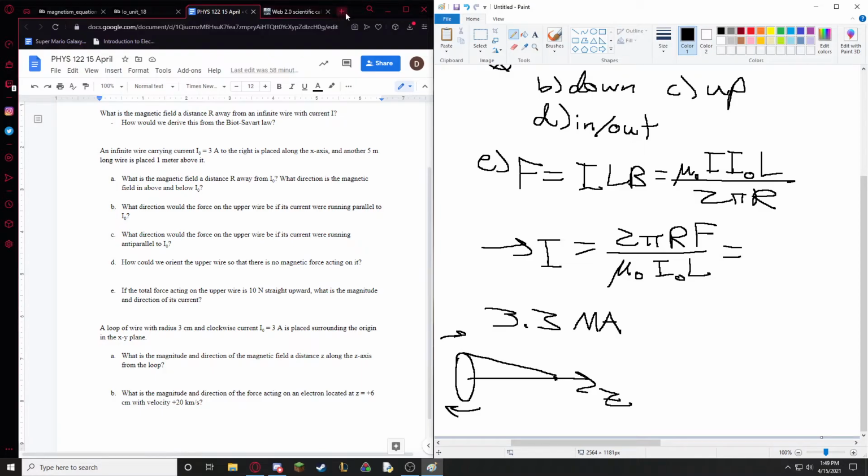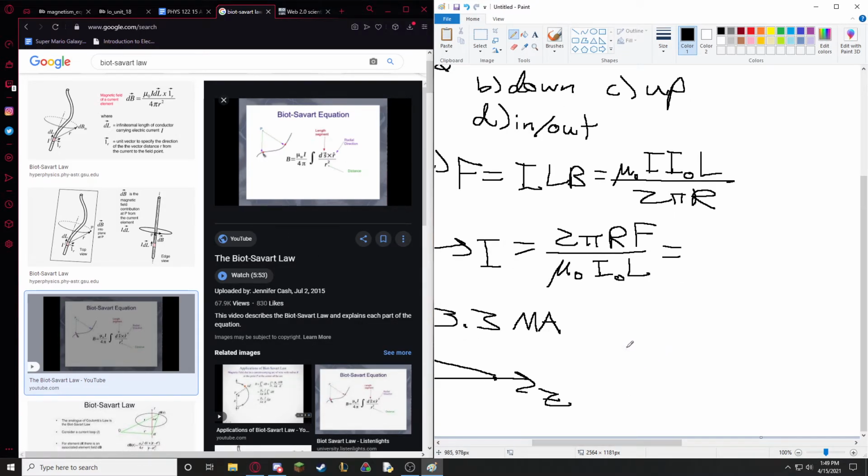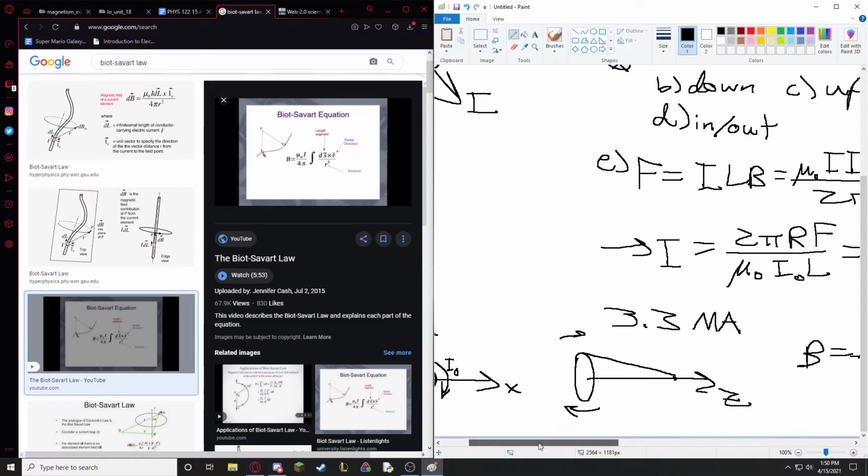Well, if we remember, we can pull up our general form of the BS law, where B is equal to mu naught I over 4 pi. And then we're going to somehow integrate over all of our current, which is our loop.